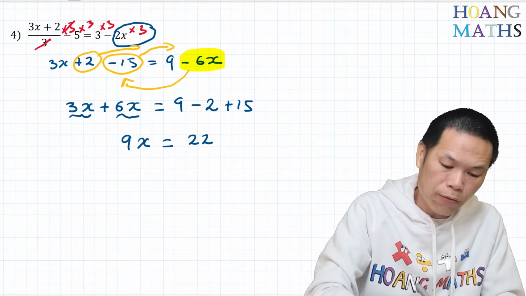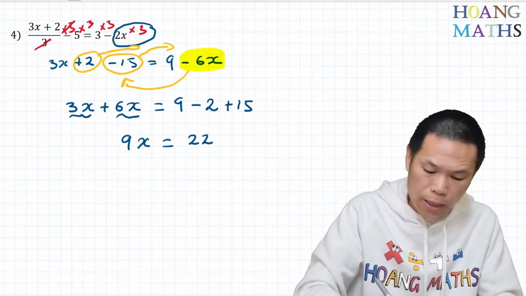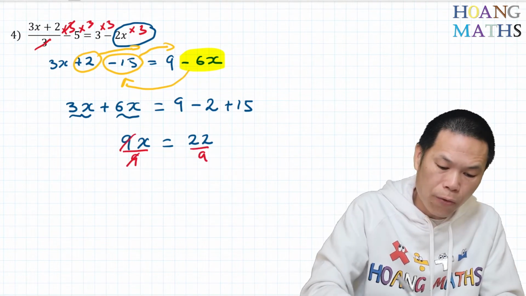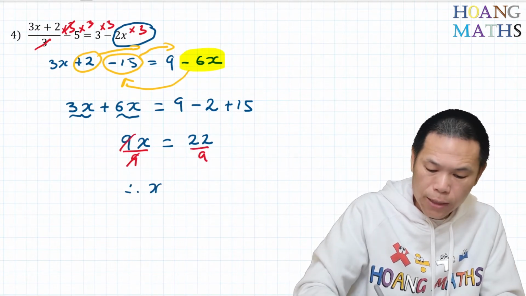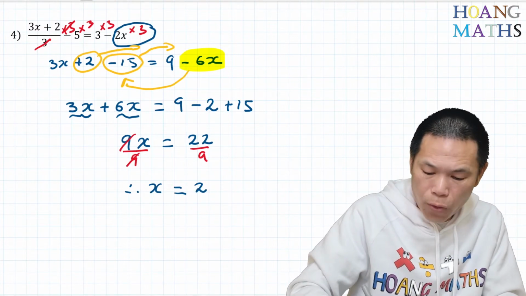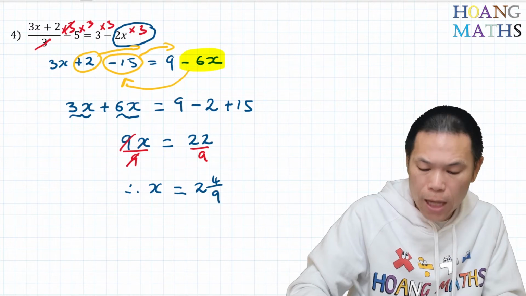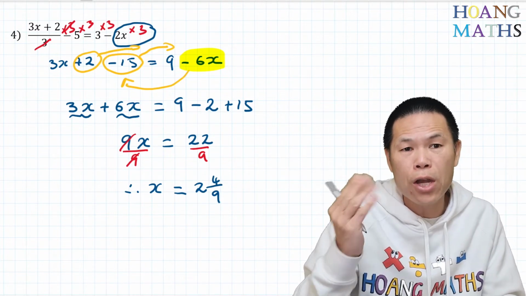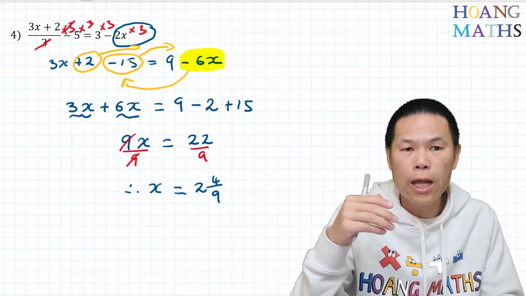So now I just divide by 9 on both sides. Therefore, x is equal to 22 divided by 9, which is 2 and 4 over 9. Otherwise, just put that on the calculator. 22 divided by 9, you should get 2 and 4 over 9.